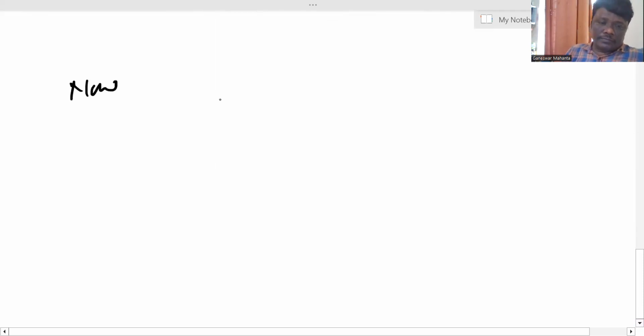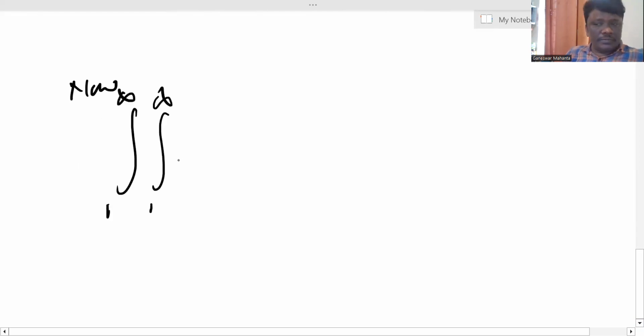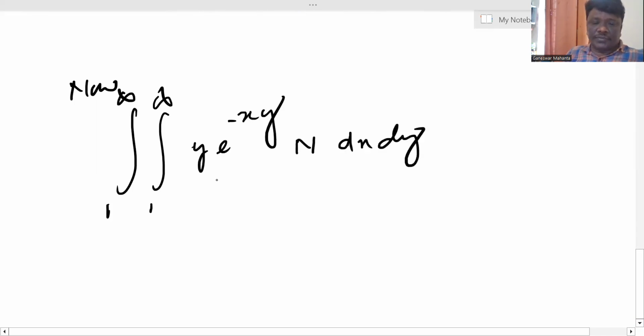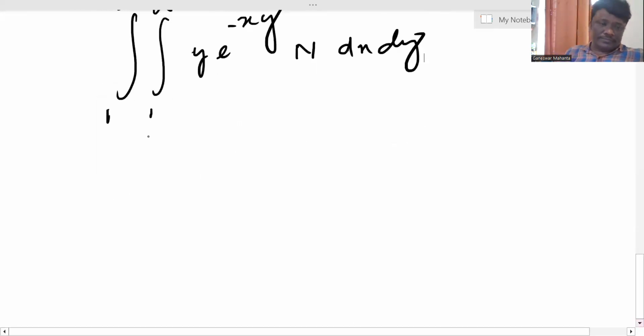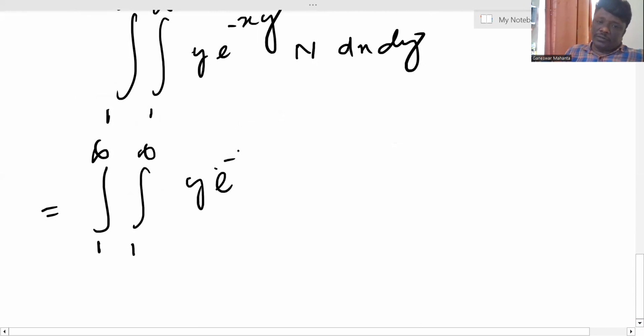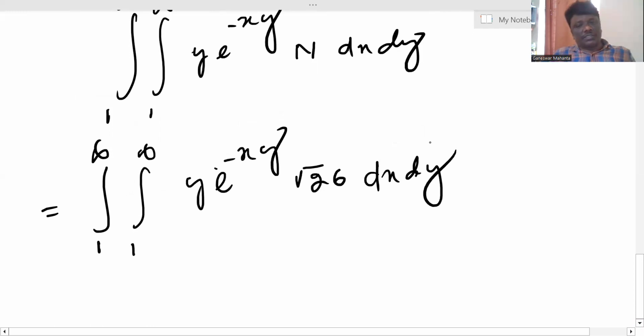Now the double integration, 1 to infinity and 1 to infinity, of the function y e to the power minus xy times n dx dy. N has already been evaluated, so we substitute its value, root 26. That is the surface integral.